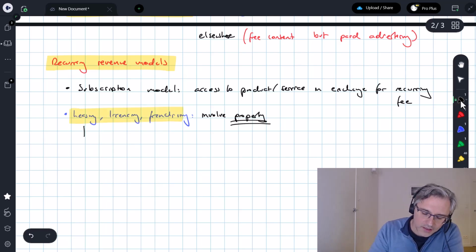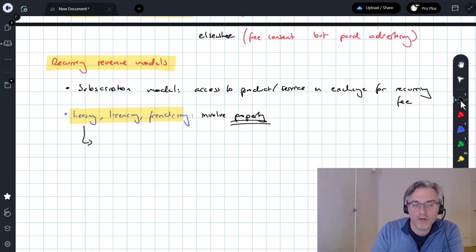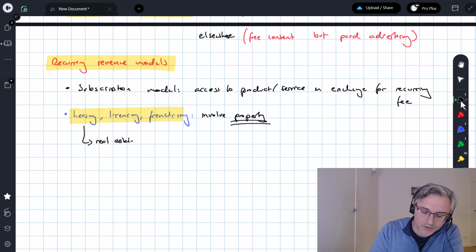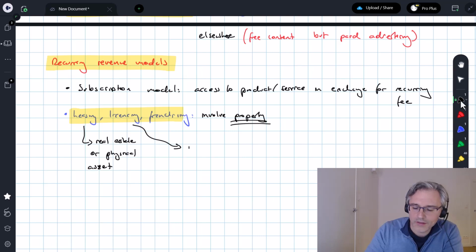Leasing means that for a recurring fee, like a monthly fee, you have access to real estate, like office property, or some physical asset like a machine or a vehicle like a car. Those are leased. Licensing applies to intellectual property, which you may obtain under a license.